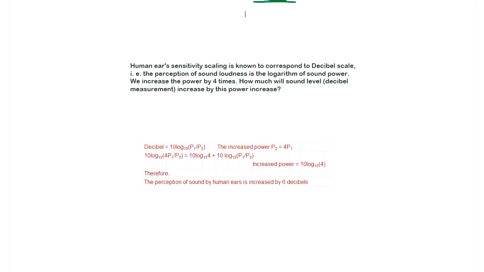Okay, so what you do is you take the decibel and 4 times, right? So P2 is 4 times P1. The increased power, the perception of sound increase is only log 10 of 4. Therefore, perception of sound by the human ear is increased by 6 decibels only.